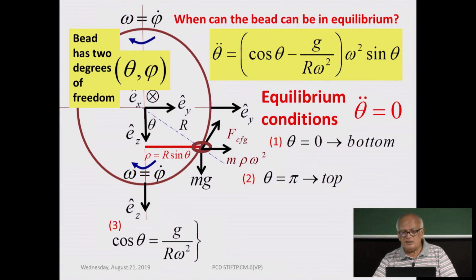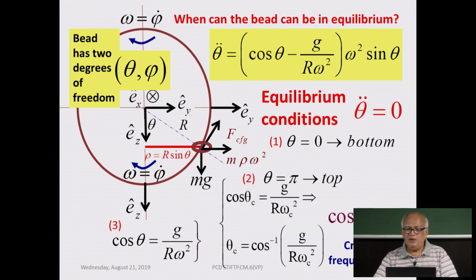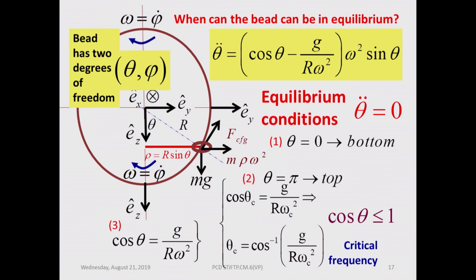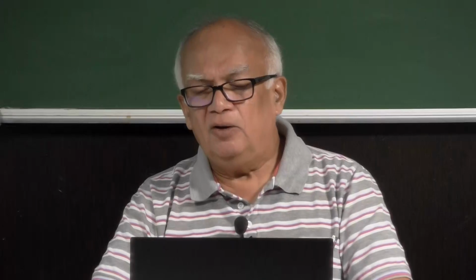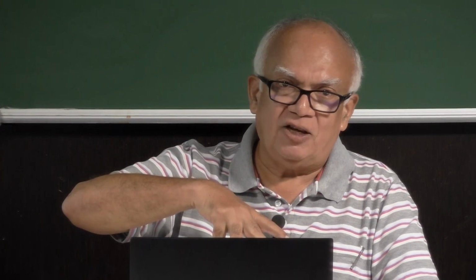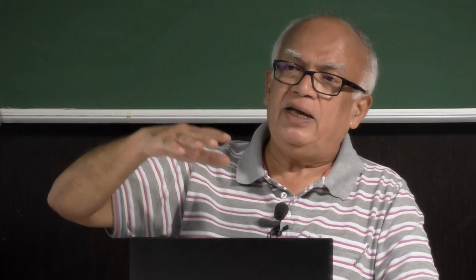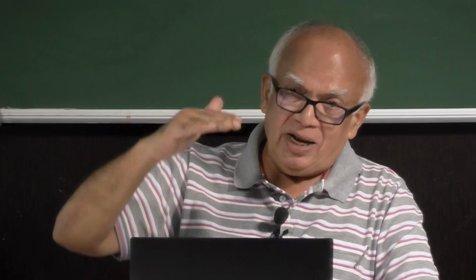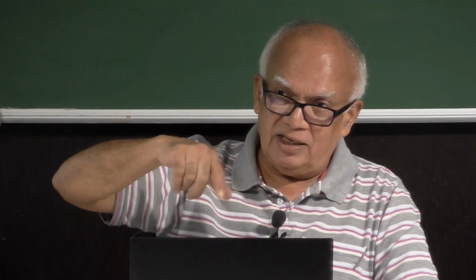And if this happens, then again the second derivative of theta vanishes, and you again have an equilibrium position, and that can happen only above a certain speed. If the hoop is rotated at lower speeds, this cannot happen. It can happen only at a certain minimal critical angular speed.